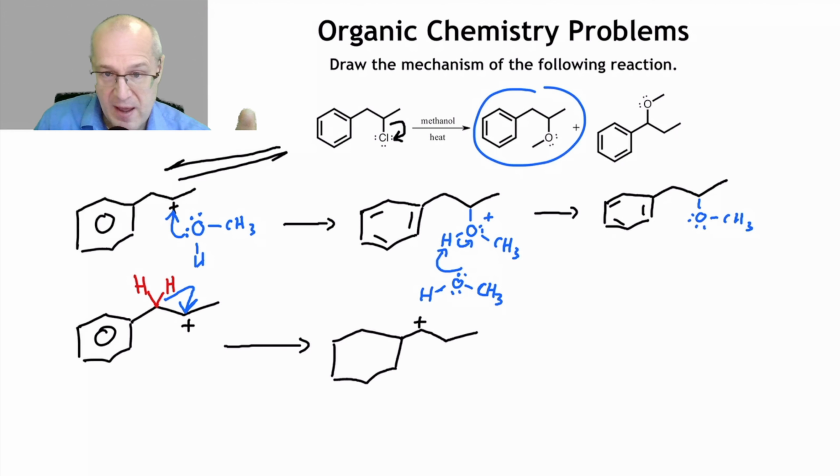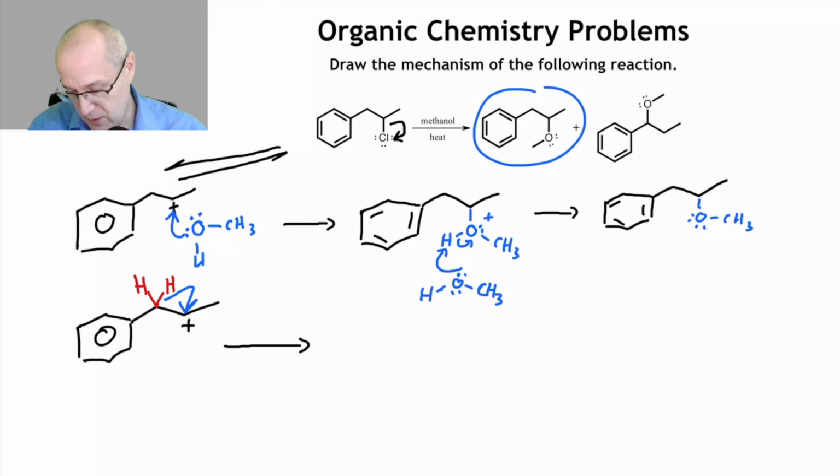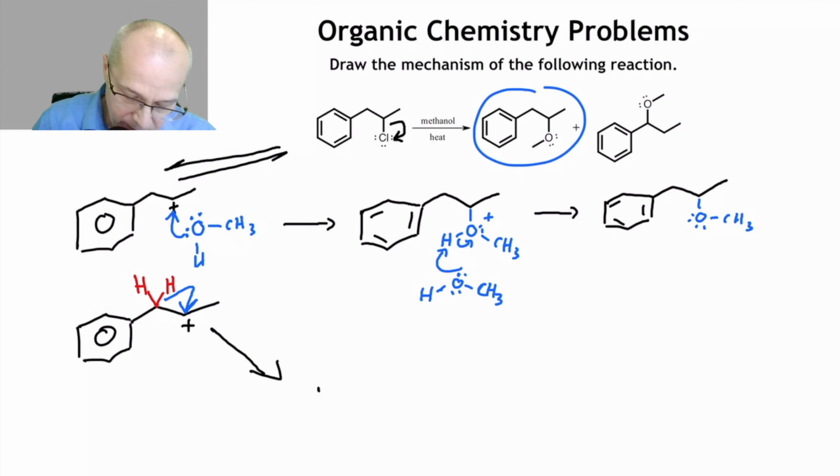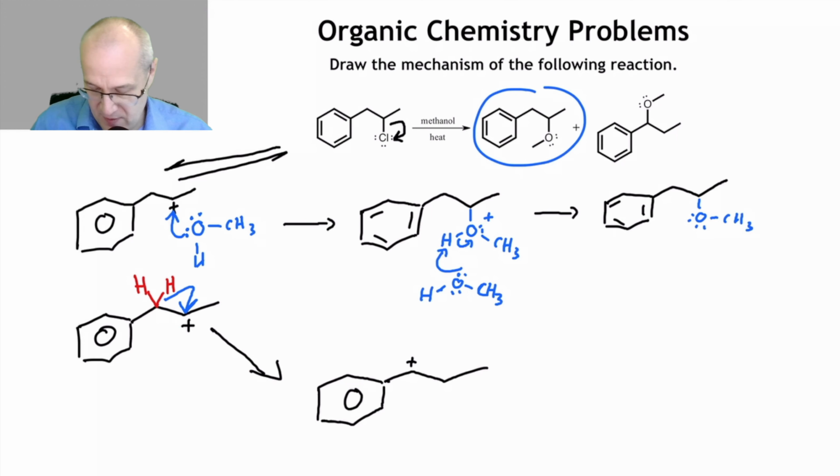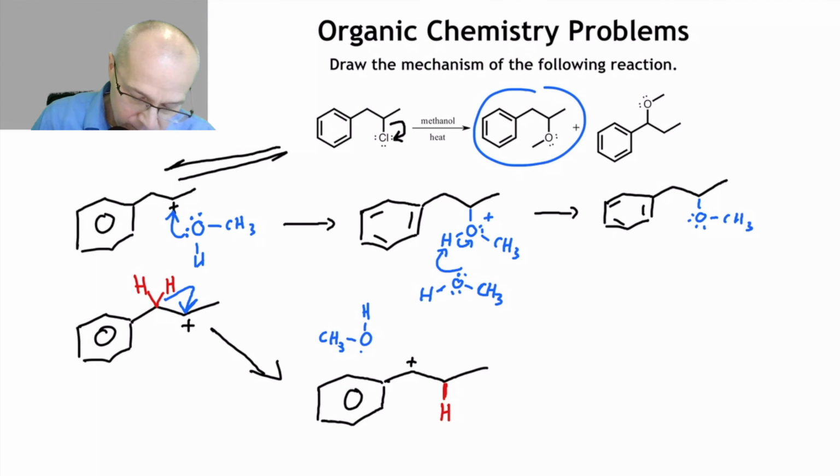So now there's a new carbocation there. Let me draw it a little lower. I need some room here. There's a new carbocation there, and one of the hydrogens that were on the benzylic carbon is now on that secondary carbon. Now it's just a carbocation, nothing special about it, except that it's benzylic. Now the solvent can attack the carbocation, and it's going to follow the mechanisms that we've already seen.